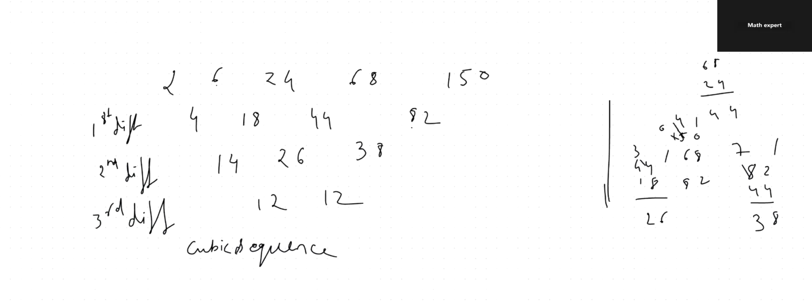Now, once you find the cubic sequence, what you will do, you will circle from down to up. As I gave you the formula in the previous part, what you will do, you will equate 12 with 6a. Then 14 would be equated with 12a plus 2b.